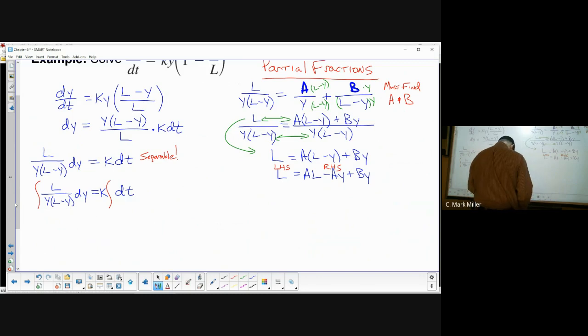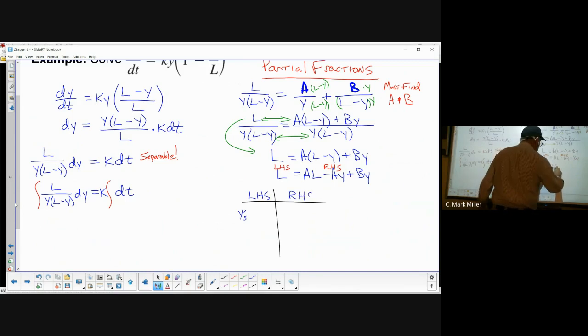I'll make a little chart here and collect: how many Y's do I have on the left? 0. How many Y's on the right? Minus A plus B, because it's minus A plus B all times Y.